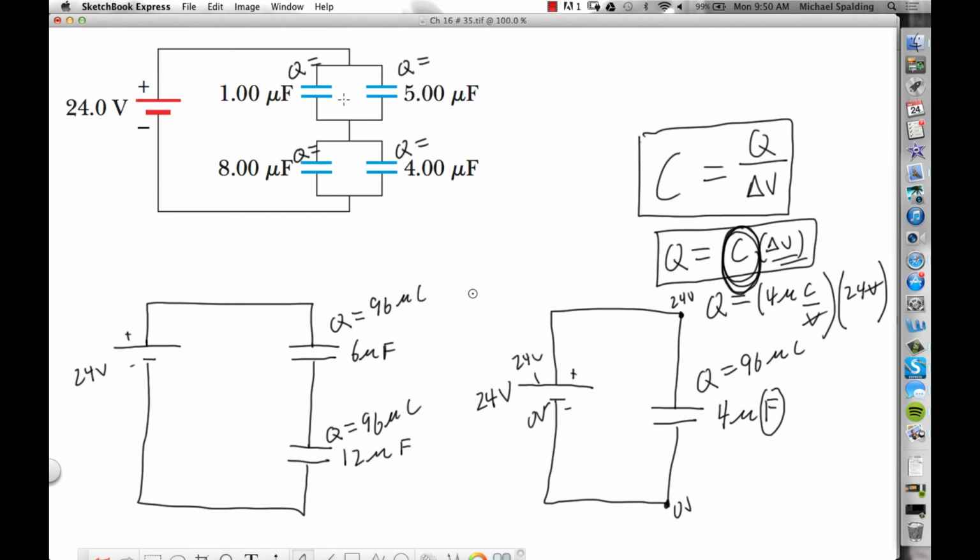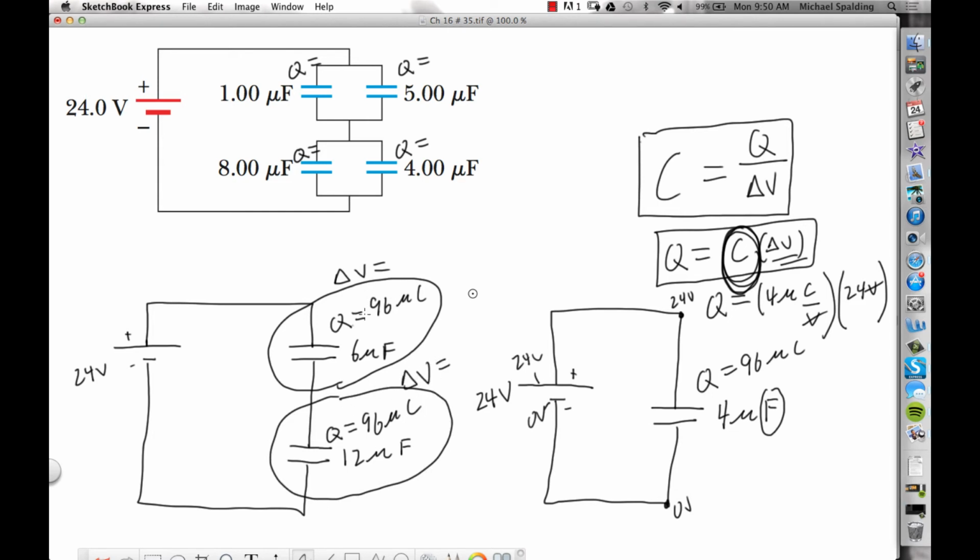So how do we do that? Well, we're going to do that on this picture. We can find the voltage across each of these. So let's do that. Let's find the voltage across these guys. So all we're doing is using this equation and solving it for delta V. So delta V is going to be Q over C.